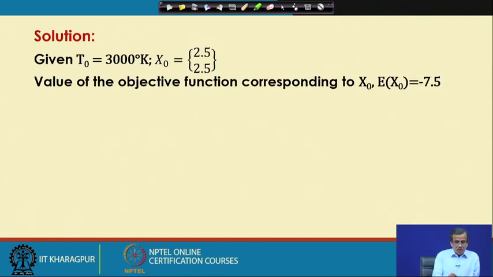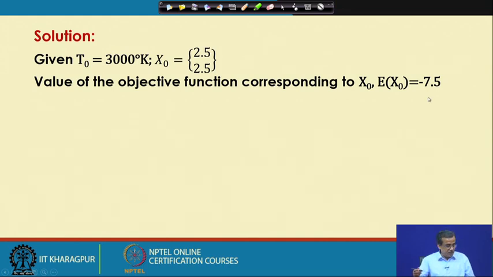Solution. So, the given T0, the initial temperature is 3000 degrees Kelvin, and the initial random solution X0 is (2.5, 2.5), that is small x1 is 2.5, small x2 is 2.5. Now, the value of the objective function corresponding to X0, that is E(X0), is nothing but minus 7.5.